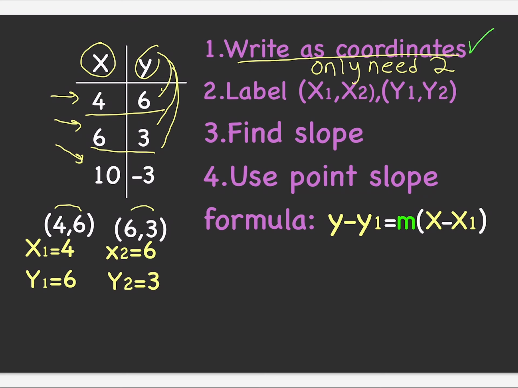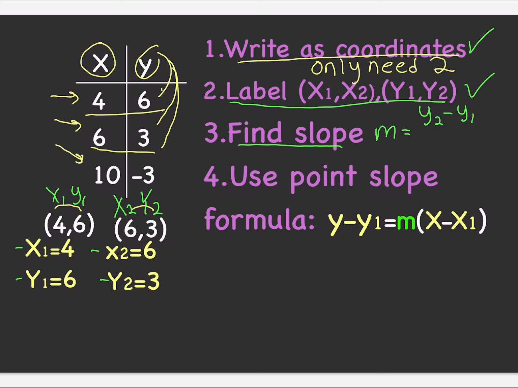I'm going to do the same thing that I did in the previous example. I'm going to use those 2 and label each one as x1, y1 and x2, y2. Now we can use the slope formula. Remembering, what is the slope? It is m, and it equals y2 minus y1 over x2 minus x1.